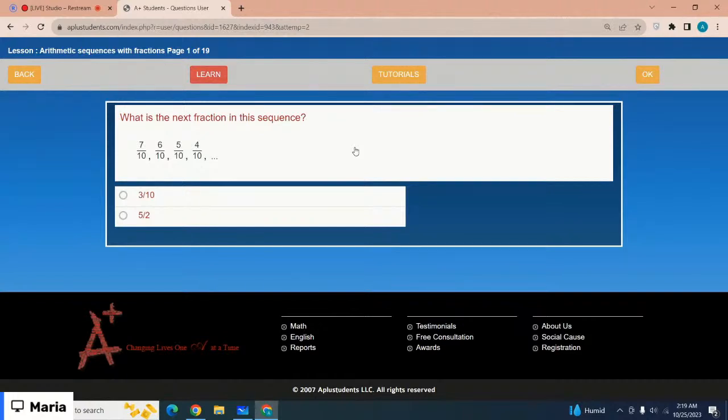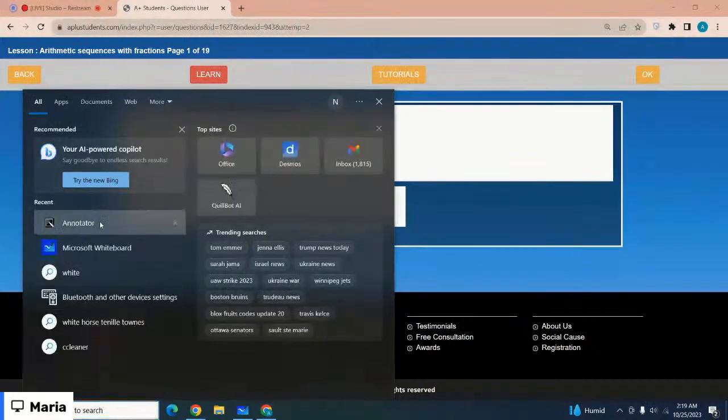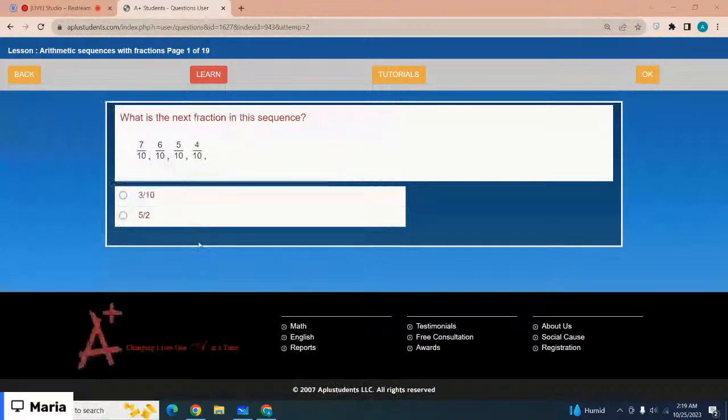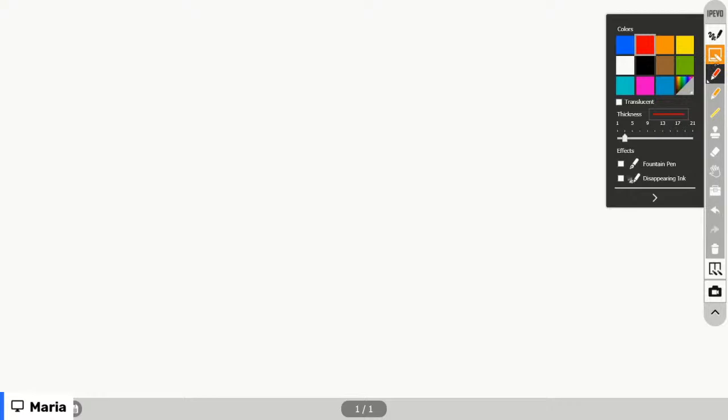You can see the denominators are the same, right? For every fraction, the denominator is 10. The numerators are decreasing. How are they decreasing? They are decreasing by 1 every time.